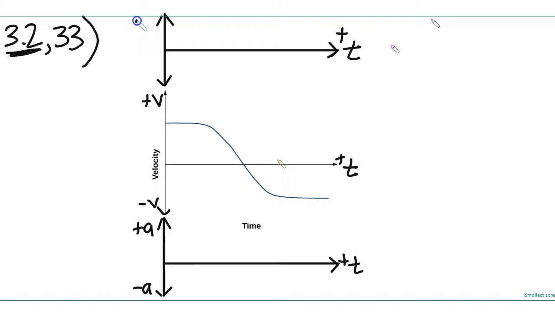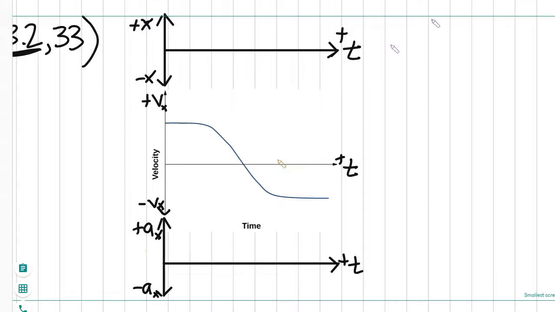And then let's have this be positive x and then negative x. So let's assume that this particle, remember the particle is like the little dot, is just going along an x-axis. So in fact, let's even call this vx and ax. The subscript just indicates which axis it's along.